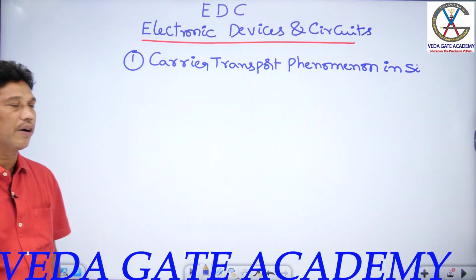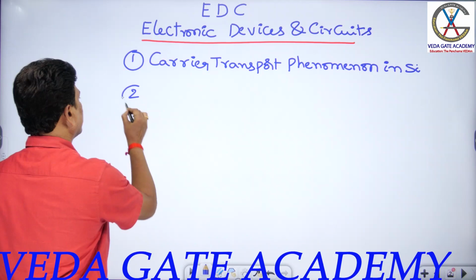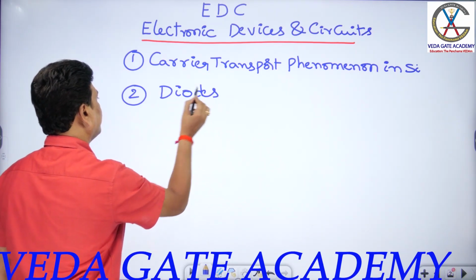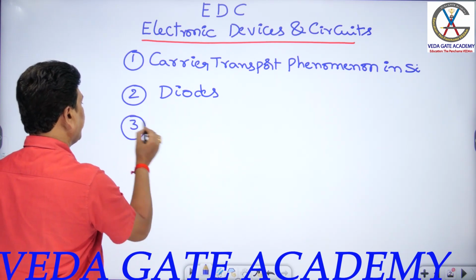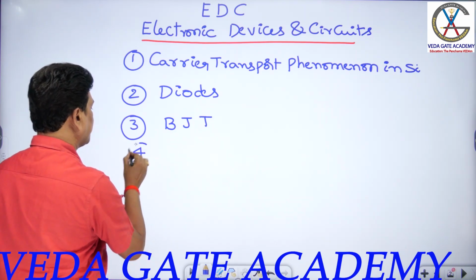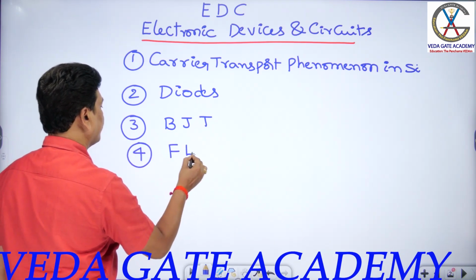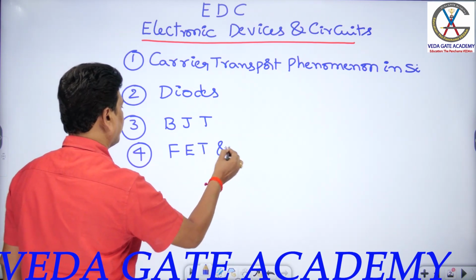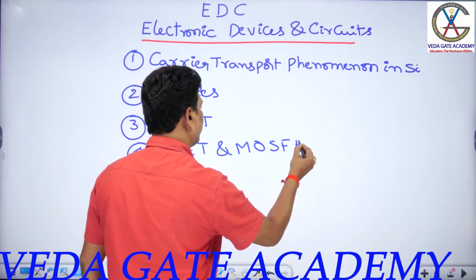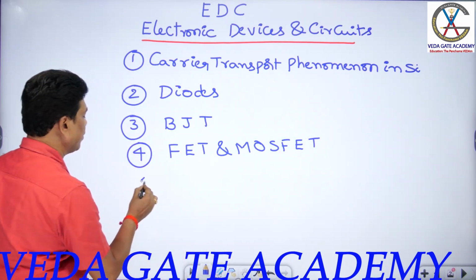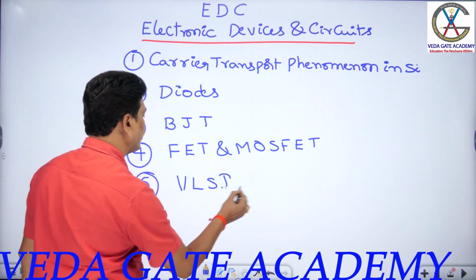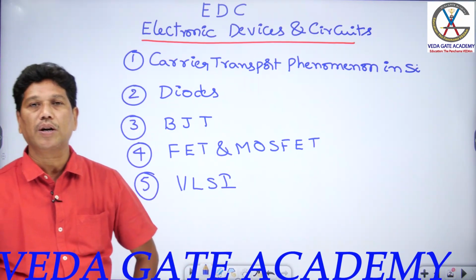Next is diodes. Next is BJT. Next is FET and MOSFET. Other than that, the VLSI part. All of this comes under the EDC part.